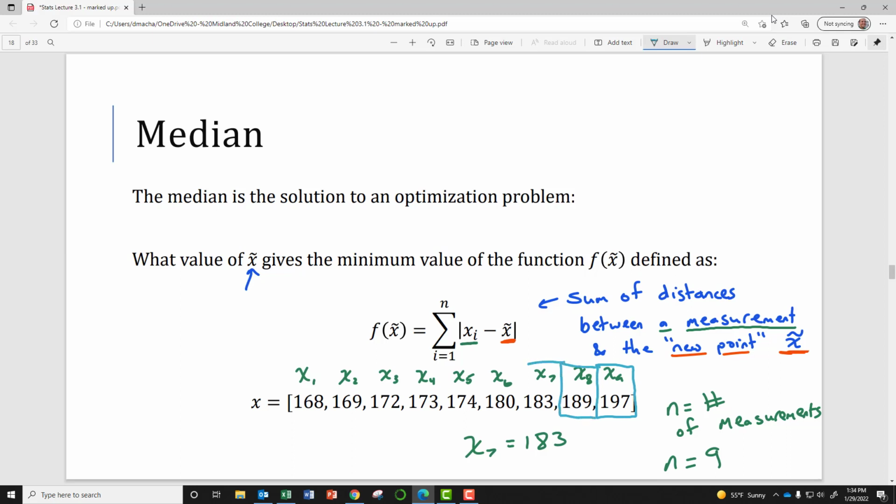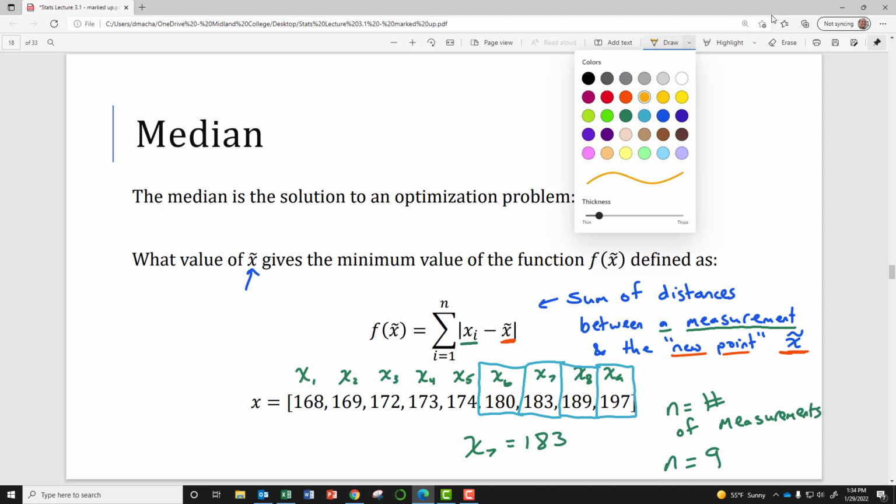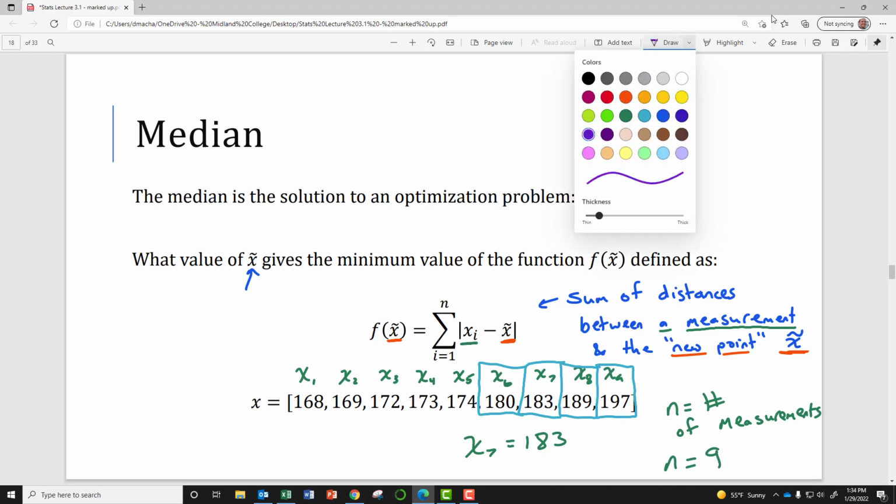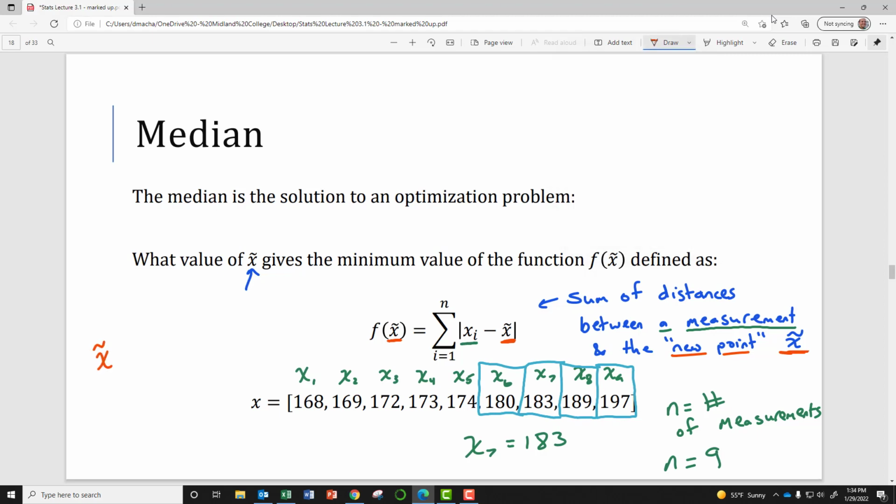We're going to sum up the difference or the distance between each of these measurements and some new value, which we're calling x tilde, for the whole data set. So if our new value x tilde is something very far away from this data set, so you notice my data set goes from about 168 to 197, and if I pick some number for x tilde being like 0, that would be pretty far away.